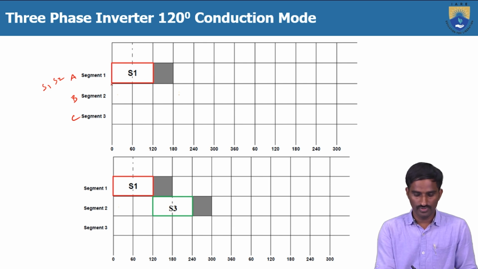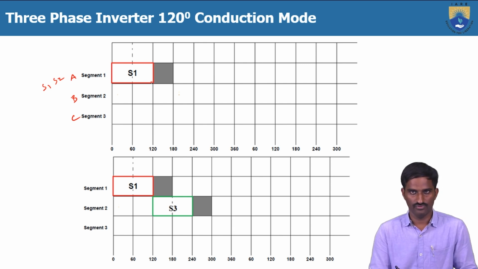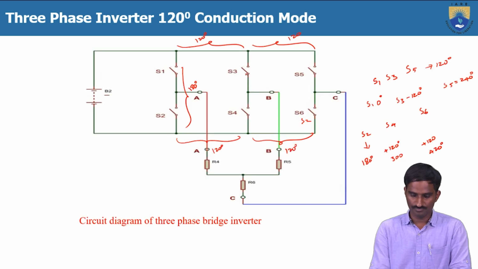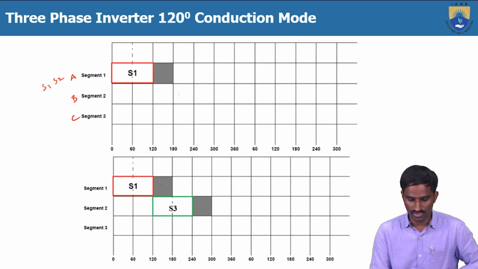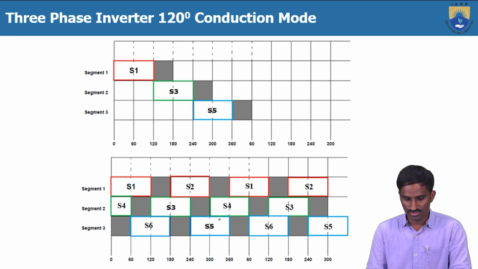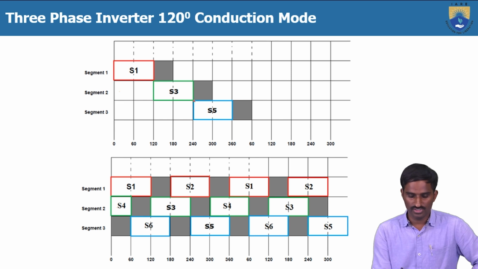Then in the second leg, S3 is there, and the phase difference between S1 and S3 is 120 degrees, which means after 120 degrees S3 should turn on. That's why you can see after 120 degrees here, S3 is turned on. Then in the next leg, the switch is S5, and after another 120 degrees, S5 is turned on.